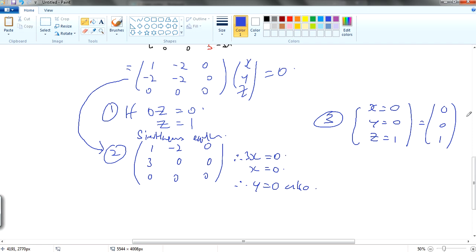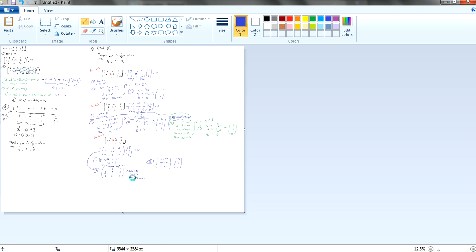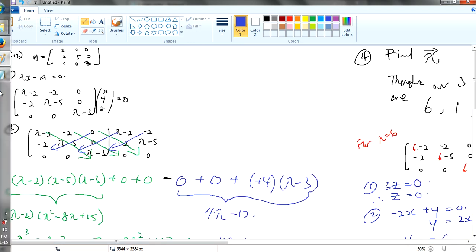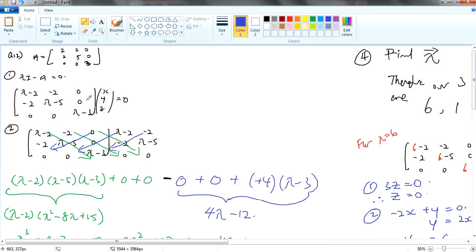Okay, and just to recap everything, just to give you an overall summary so that you can understand what the whole approach is. The first step, remember it's not to be complacent when you set up the equation. When you set up the equation, make sure you remember this negative, you have to change the sign.